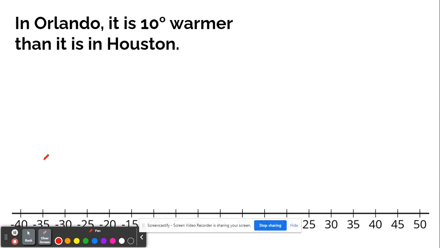is that Houston is 8 degrees. So in Orlando, it is 10 degrees warmer than Houston. Well, I know Houston is 8 degrees. So what is 10 degrees warmer than 8?